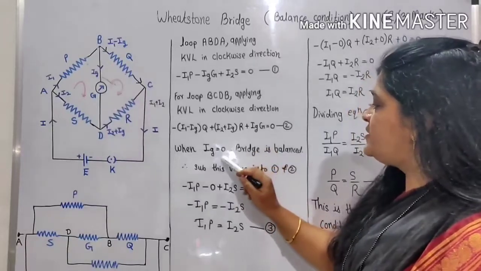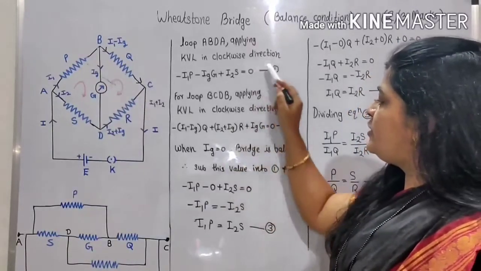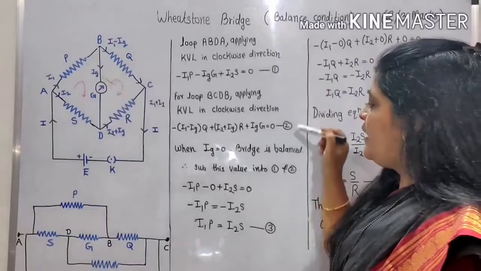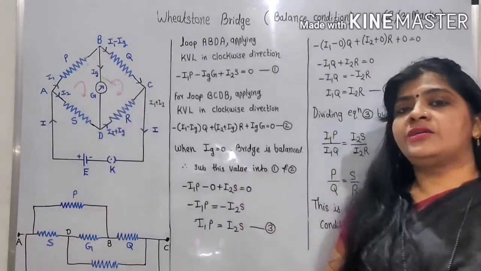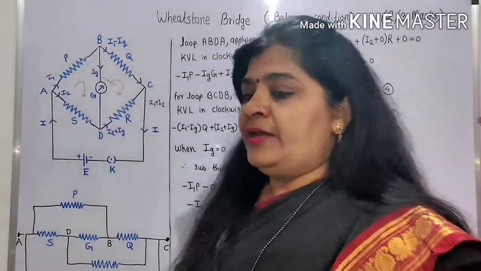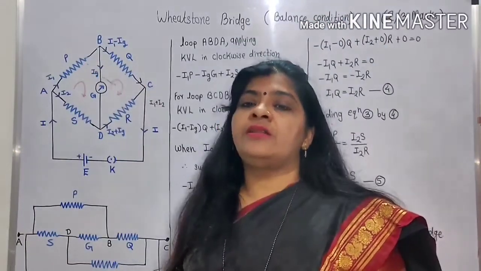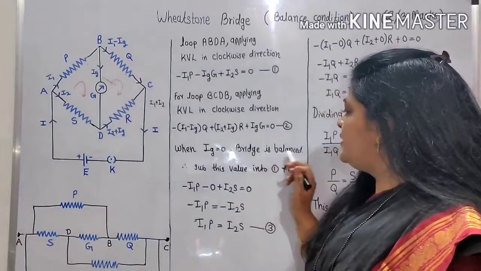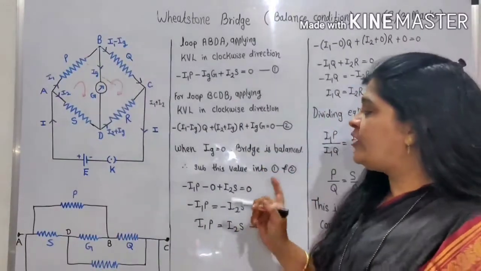We substitute this into equations number 1 and 2. This condition, Ig equal to 0, where the galvanometer does not show any deflection, is called the balance condition. The bridge is balanced.